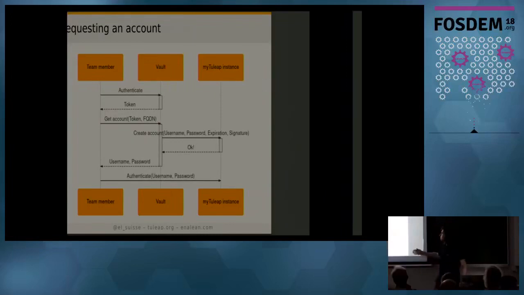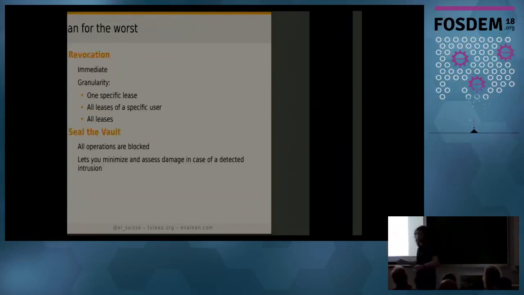You can just revoke all the existing accounts they have on the different customer instances immediately. So it's quite nice and quite centralized. And if things really go wrong, you can still revoke all the leases you have given to your users and just seal the vault.